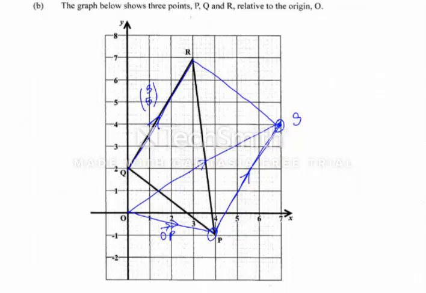And if opposite sides of a quadrilateral have the same length and they're parallel, that quadrilateral is a parallelogram. So let us use calculation this time to determine PS. We didn't have to, but let us do it anyway.